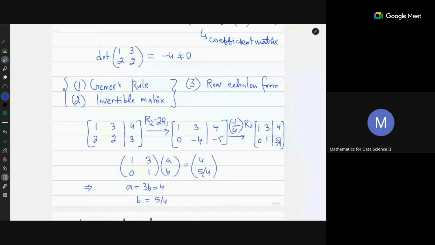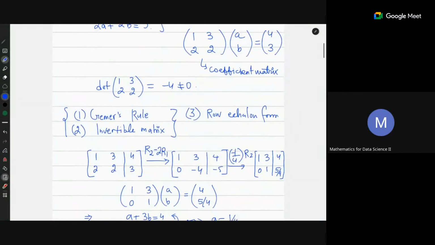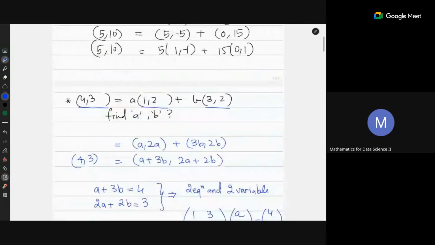Once you know B, you can apply it in the first equation and obtain A. So A is 4 minus 3B, which is (16 minus 15)/4, that is 1/4. So A is 1/4 and B is 5/4. So you have found the vector as 1/4 of one vector plus 5/4 of the other.